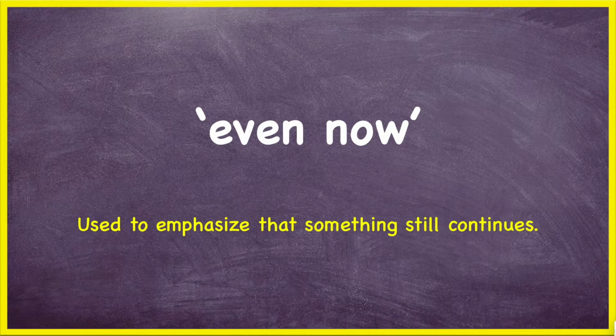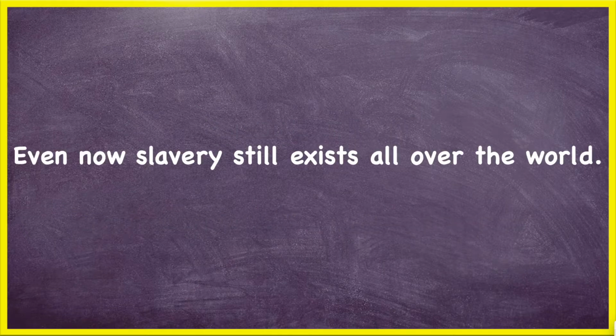Let's look at an example. Even now, slavery still exists all over the world. So you might think that slavery doesn't exist anymore. But no, even now, slavery still exists all over the world in 2019.